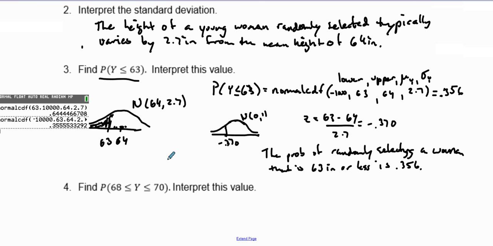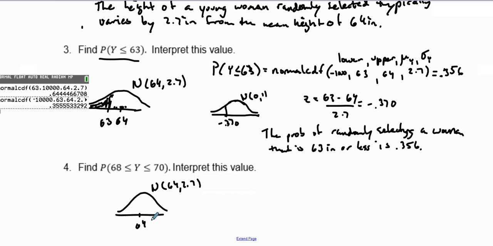All right. From here, we can do something very similar. Now we're going to go through the same process. We're going to have our 64, 2.7, and we want to figure out where 68 is. 68 is going to be right there. Go up to 70, which is right there.